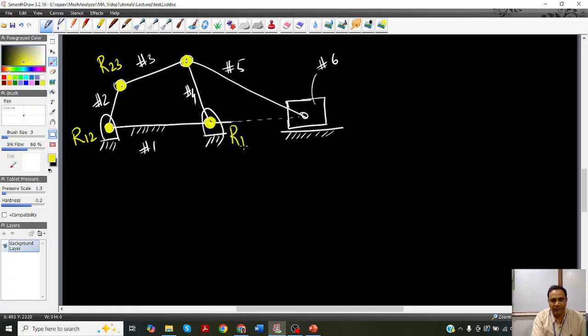So there's a revolute between 1 and 4. How about this? There's a revolute joint here. It allows relative rotation between 5 and 6. So I'll call it revolute between 5 and 6. There is a translation possible between 6 and 1. So there's a prismatic or translation between 1 and 6.